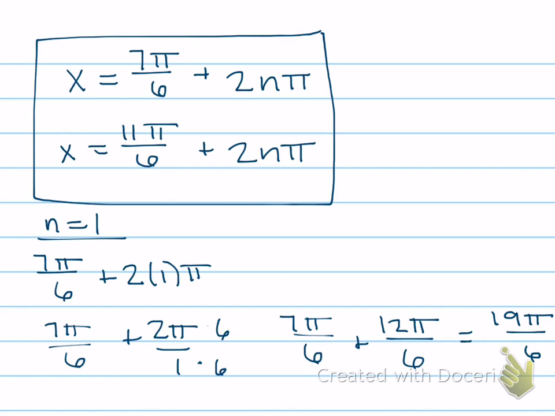Now we're going to do a second example where the directions do not say list all possible. I'm looking for a specific set of answers. So the problem says sine of x over 2 is equal to root 3 over 2.